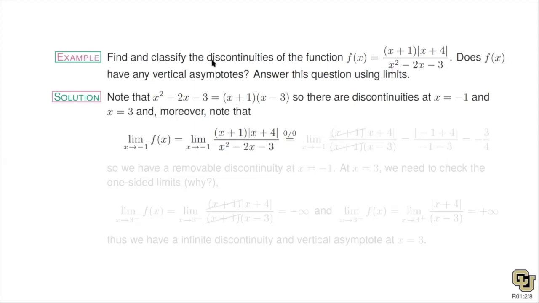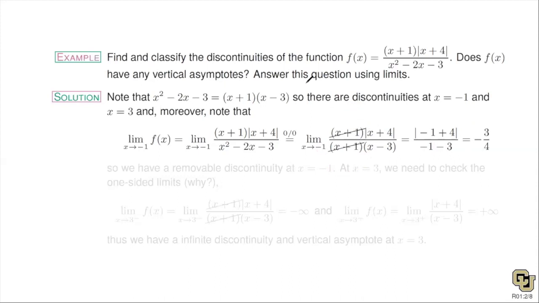Here, because there's something in the denominator that can be factored, and once we factor it, it'll cancel, that's what we need to do. Simplify this and try the limit again. So when I cancel the x plus 1s and plug in -1 for x, we can calculate the limit is -3/4.